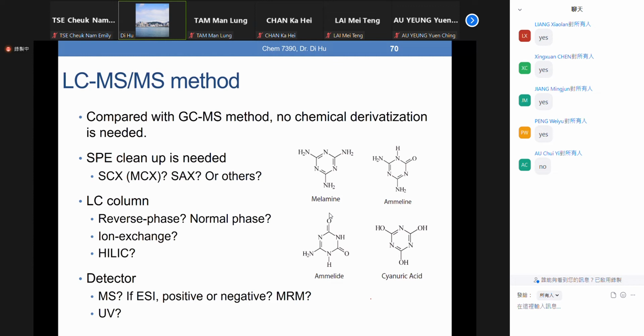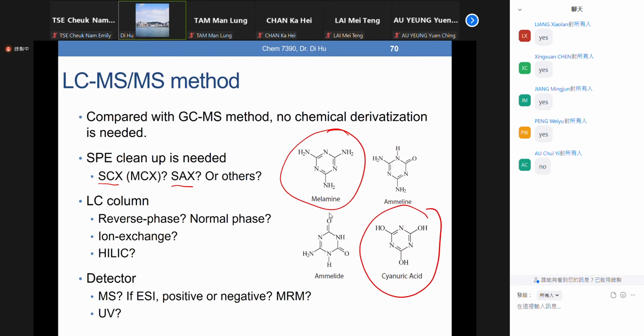So now let's look at the sample cleanup procedure. For these 4 compounds, I will focus on these 2, melamine and cyanuric acid. First you want to answer this question: what is SCX? What is SAX?